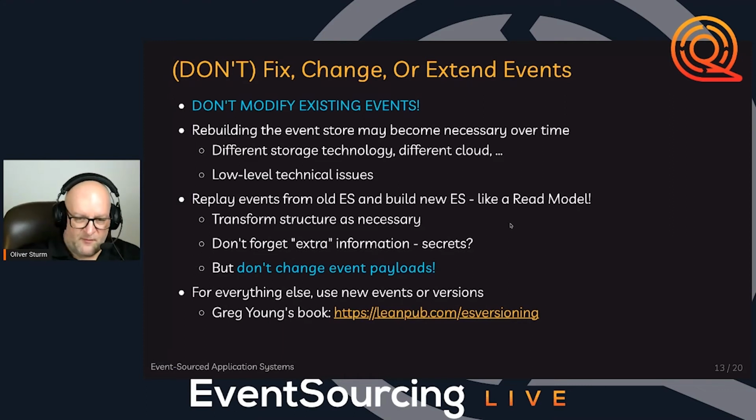And another thing that's important to remember whenever you recreate your read model is, if you have any extra information that is relevant to the command processing and event store process, it is important to replicate this at this point as well. I mentioned here as an example secrets. This is something from experience in our own framework.